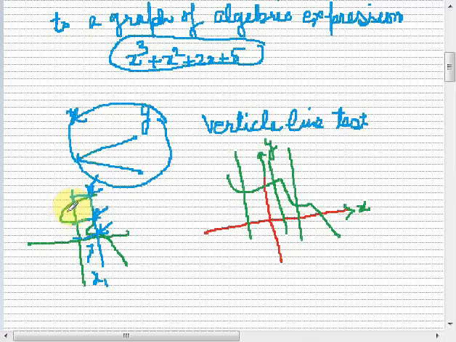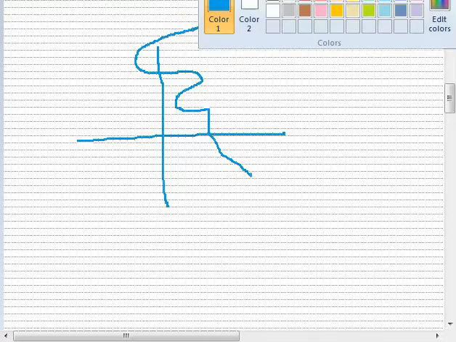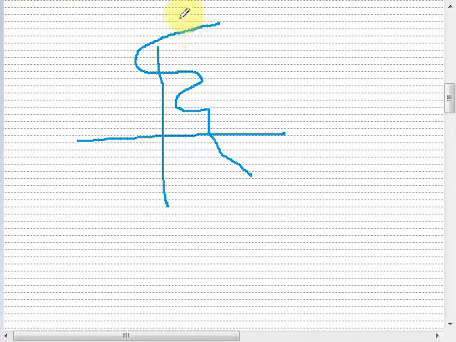I will draw a bigger graph. So this is a graph of a function. We draw a vertical line. This is, suppose, x1.